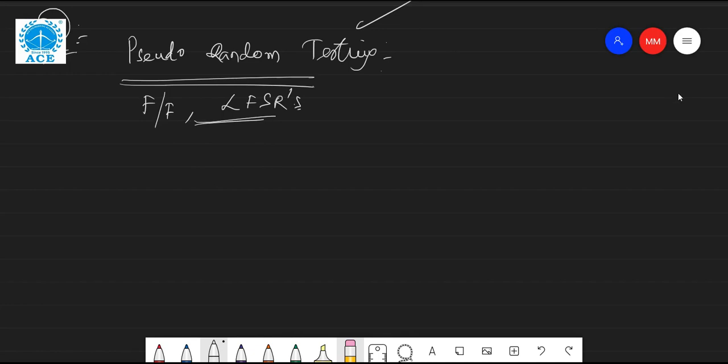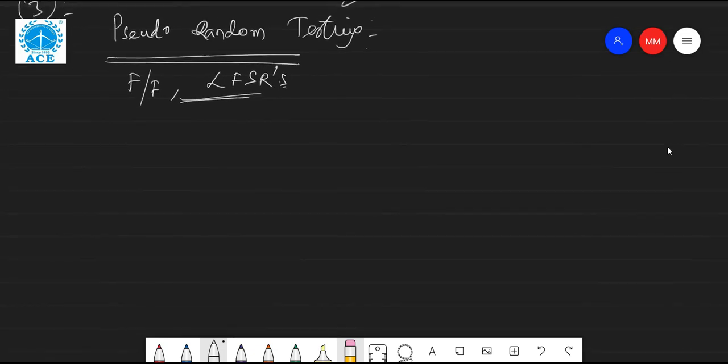So here we have two types of methods: one is internal XOR and another is external XOR. So internal XOR, how do you calculate?